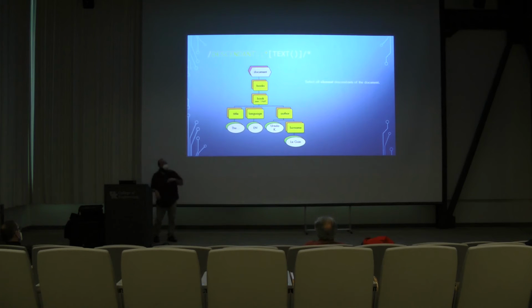So we select all of the elements. That's our current context. And then we apply the predicate to filter that set down. So for each of the elements, I find a text node child of that element. And then, for title, I find the one that says The Left Hand of Darkness.